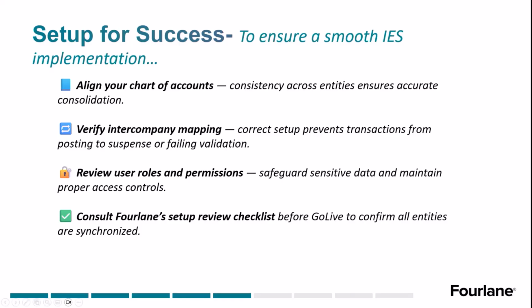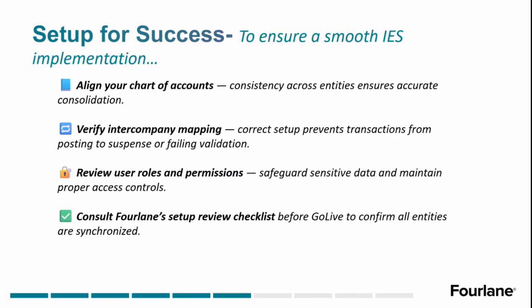Next, double check intercompany mapping. That's what tells IES how to post entries between entities. If it's off, transactions can land in suspense accounts or fail validation altogether. In the sample file, as I was reviewing it the other day, one of the accounts for intercompany mapping was actually going to prepaid inventory. So definitely can cause some problems there.